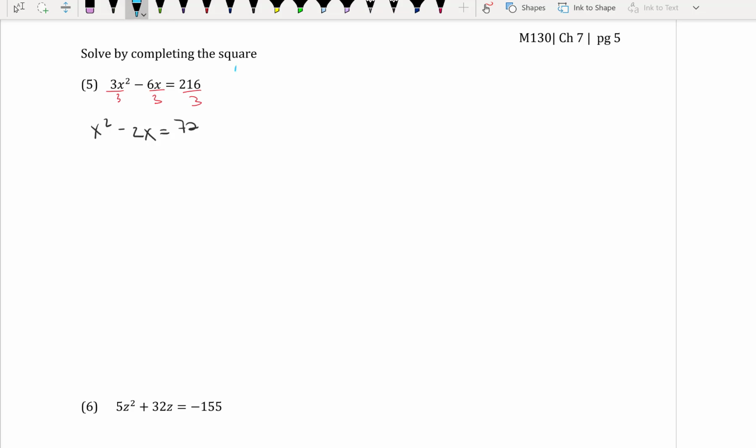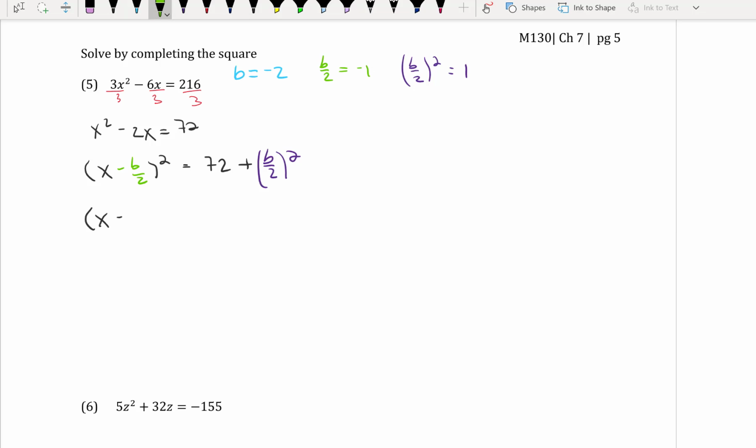So now I know that my b value is equal to a -2. My b divided by 2, well, that would be a -1. And if I were to square that, it's a +1. So now I have this as my minus my b divided by 2 and my b divided by 2 squared.